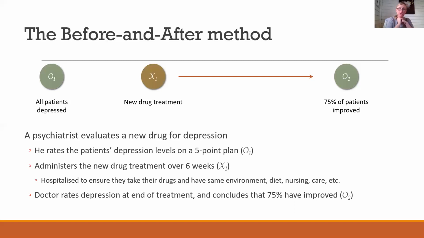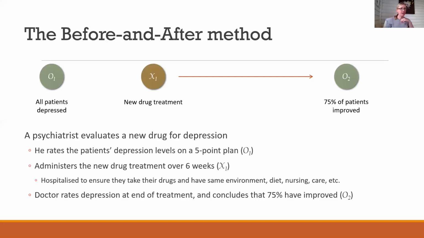75% of patients who took this new drug treatment saw a decrease in their depression symptoms, or in simple words, they felt better. So we took a measurement of our dependent variable, depression, at time 1, then instituted our independent variable, the drug treatment, and then took a measure of that dependent variable again.